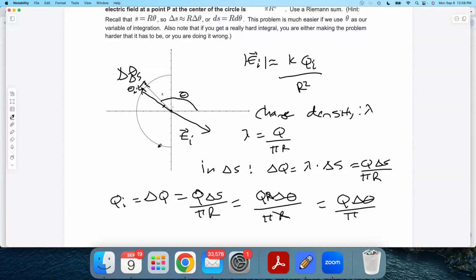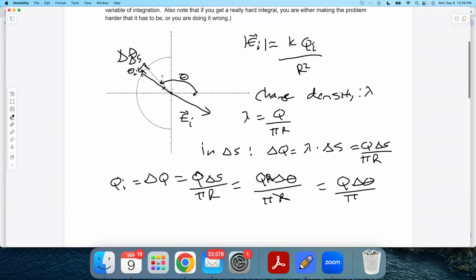A lot of times we have what are called compensating mistakes. A group will make two different mistakes that happen to cancel out, and they end up accidentally getting the right answer for the wrong reason. We have to call this theta from the positive x-axis here, and we're going to end up having a cosine here in a minute.